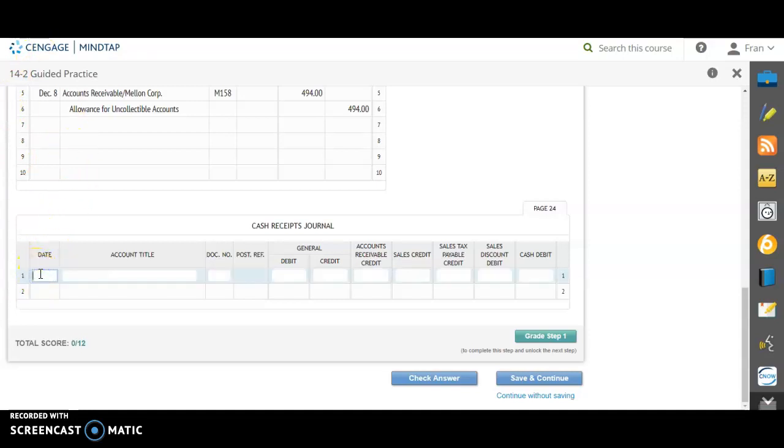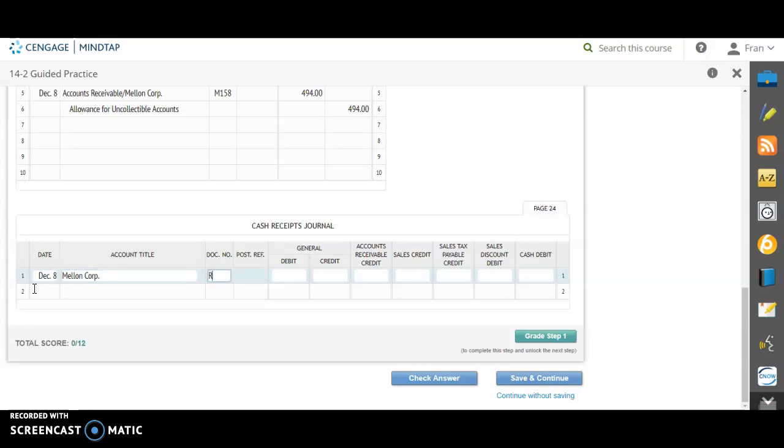All right. So here we are, December 8th. And if you recall in the cash receipts journal, all we have to do is write the name of the business that we collected the money from, Mellon Corporation.